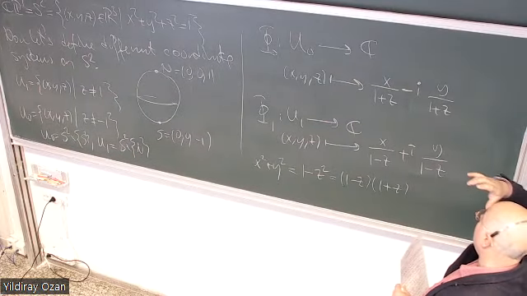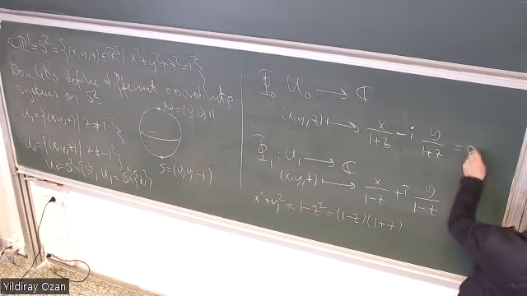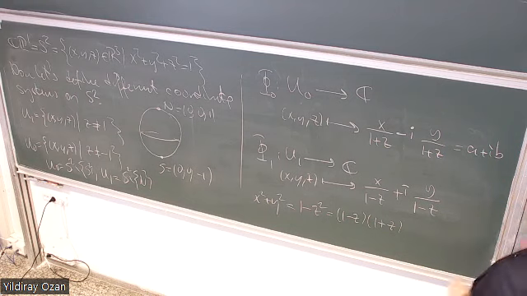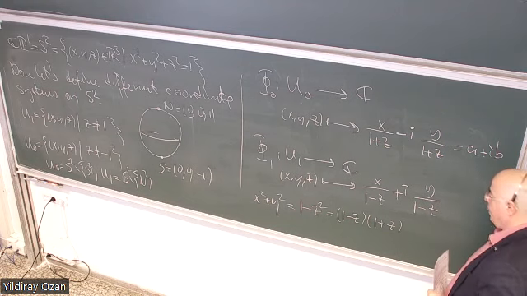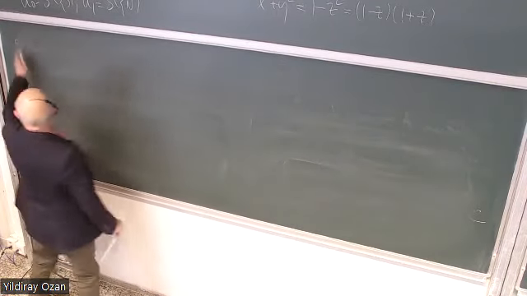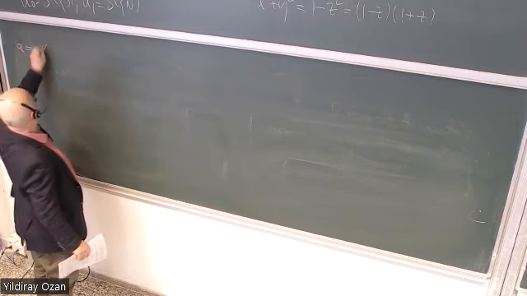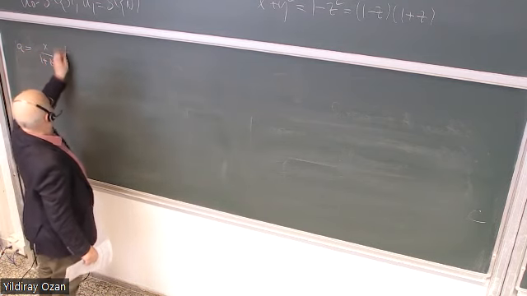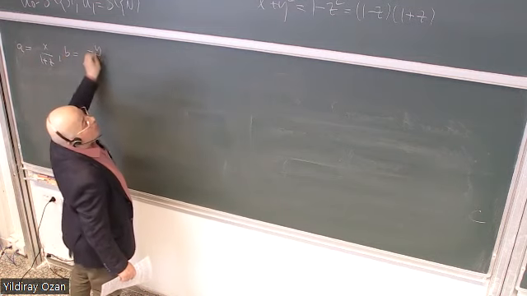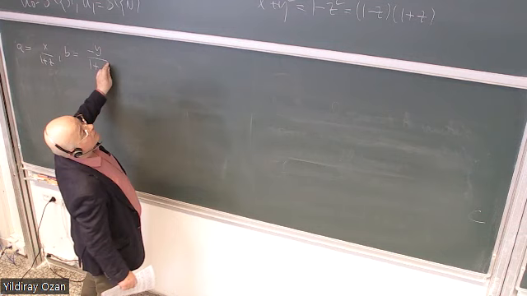Bunu A plus IB diye göstereyim. A is just x over 1 plus z. B is just minus y over 1 plus z.